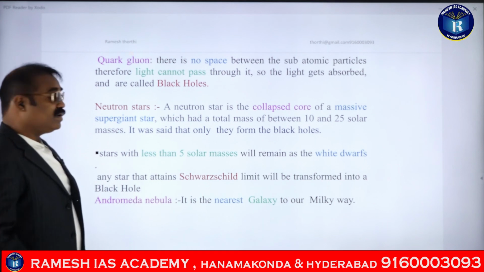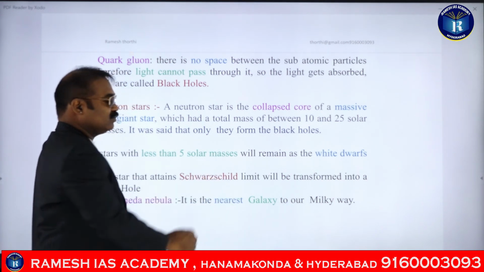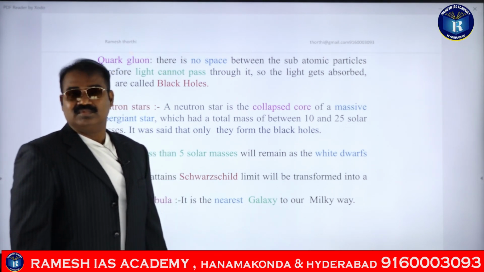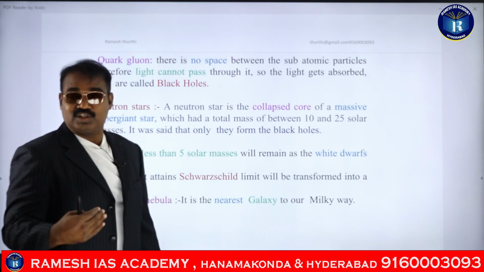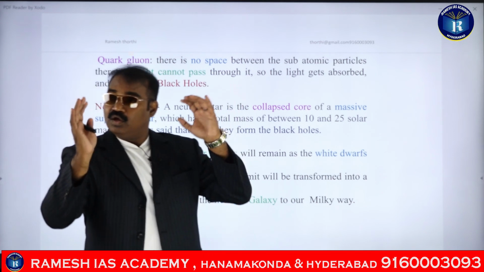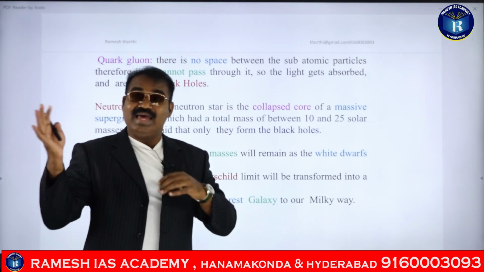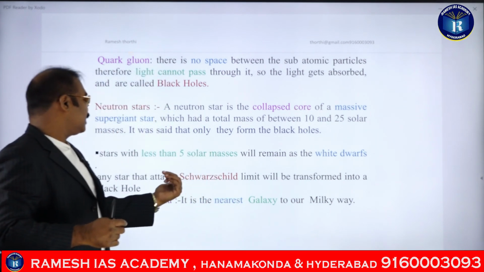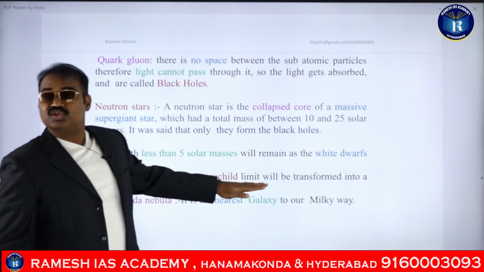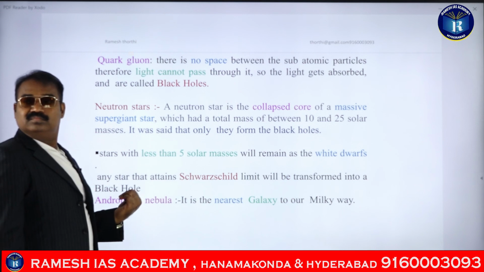Now, recently this person, Schwarzschild, has come out with some calculations, guys. Schwarzschild has come out with some calculation and said that any star, based on its original size and the last size, guys, any star that attains the Schwarzschild's limit will be transformed into a black hole.